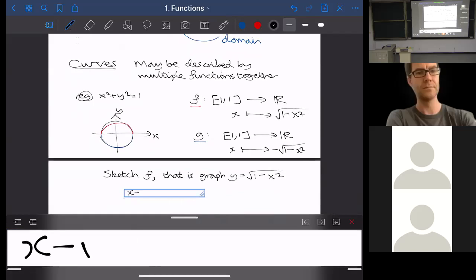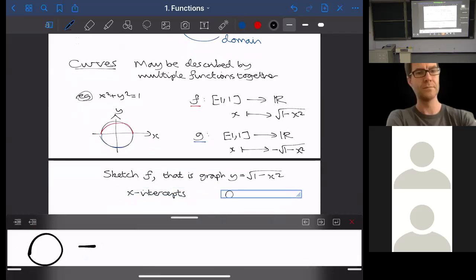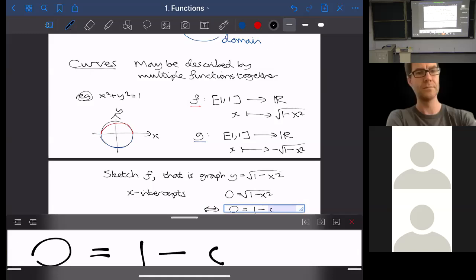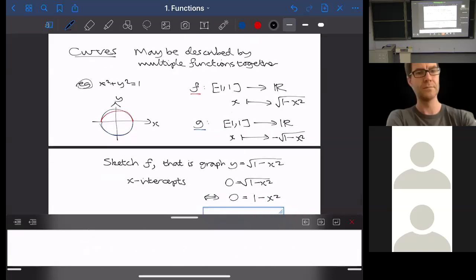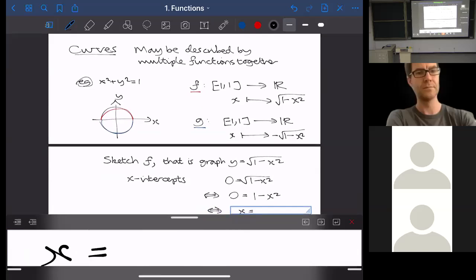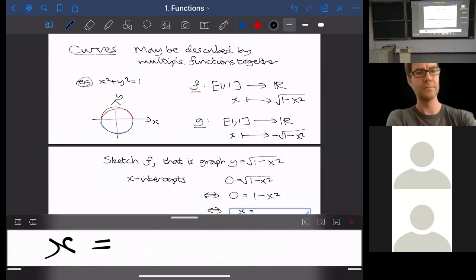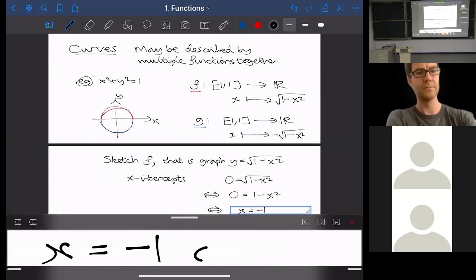So the x-intercepts are given by setting y equals 0. And y equals 0 if and only if this is 0, if and only if x is minus 1 or plus 1.